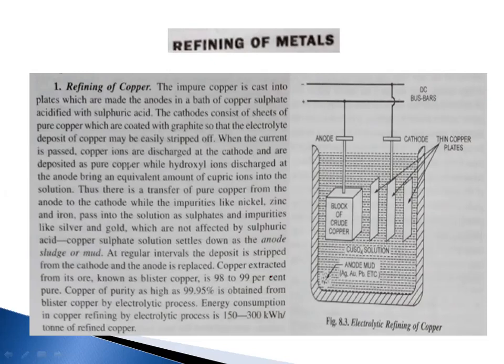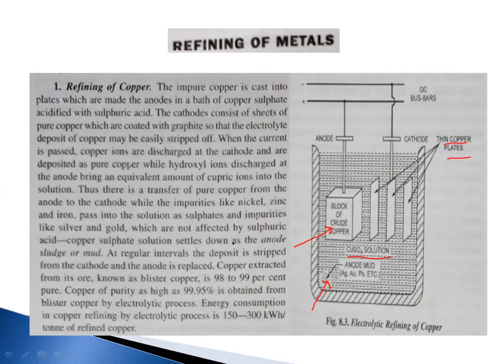See, here a block of crude copper is deposited in a CuSO4 solution, copper sulfate solution, and this is the anode mud. Anode mud is made of silver, lead, etc. And these three are cathode plates, which are made of thin copper plates, and this is the DC bus bar where anodes or cathodes are connected.